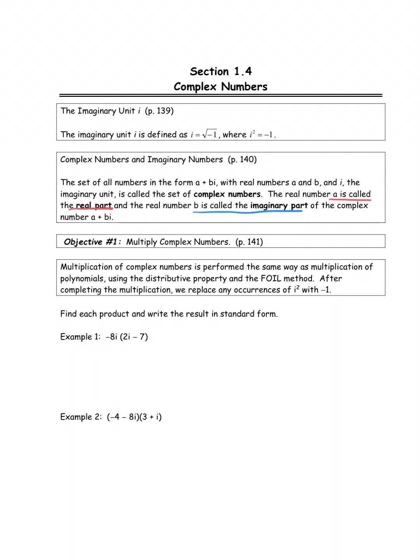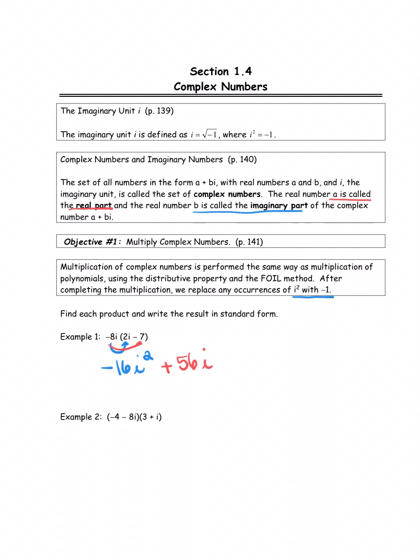So to multiply, all we're going to do is distribute, and remember that i squared equals -1. So here we have -8i times 2i is -16i squared. Then we have -8i times -7i is plus 56i.